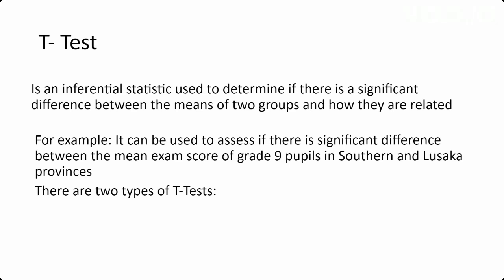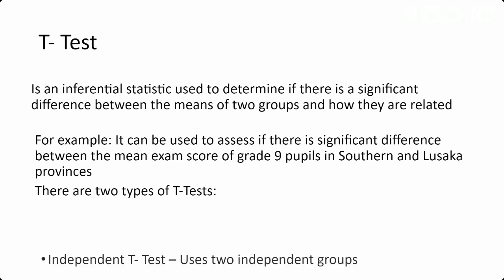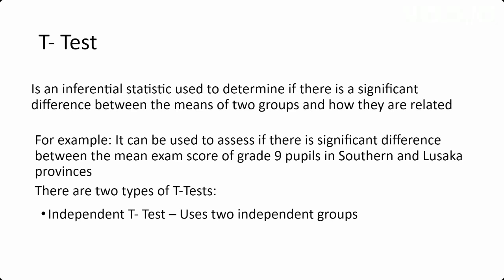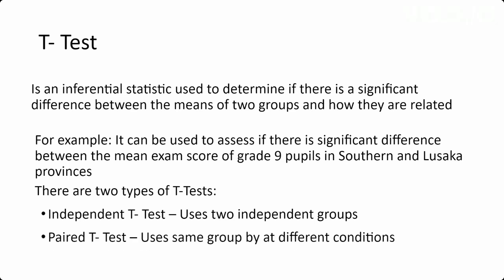There are two types of t-tests, we must mention that. There is the independent t-test, which uses two independent groups. Then there is also the paired t-test, which uses the same group but at different conditions, maybe even at different times.